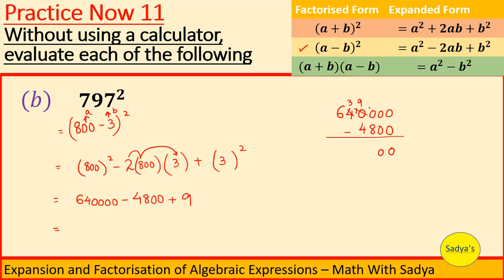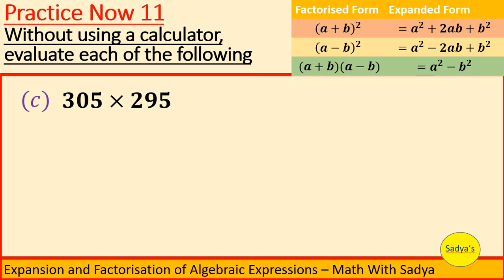And when we borrow from 10, we have 9 and here we have 10. So 10 minus 8 is 2. 9 minus 4 is 5, and 3, 6. And now we have to add 9 to it. So we will have 635,209, which is the square of 797.